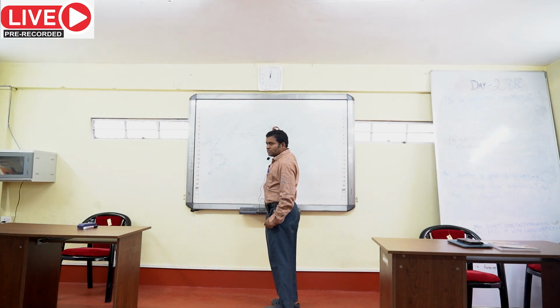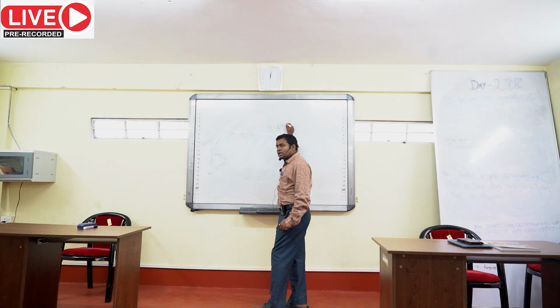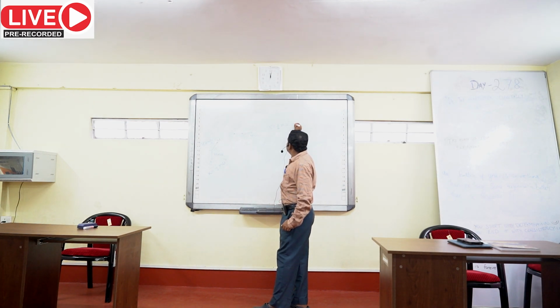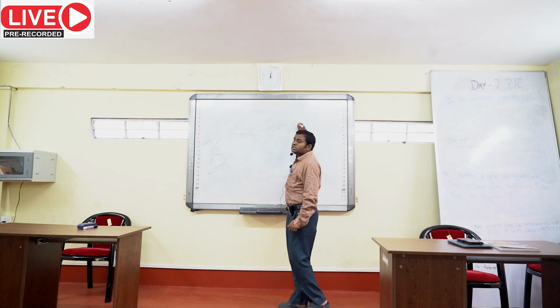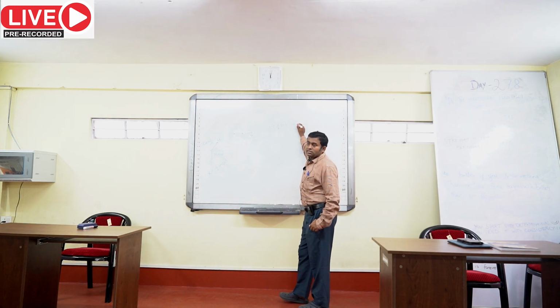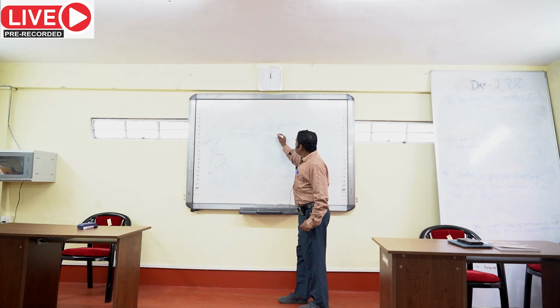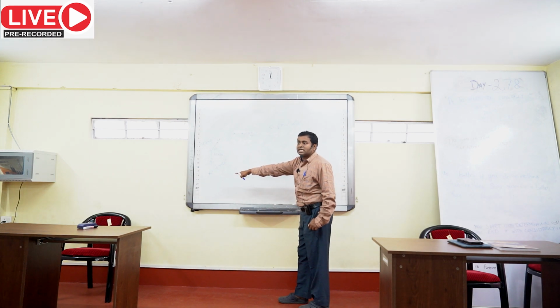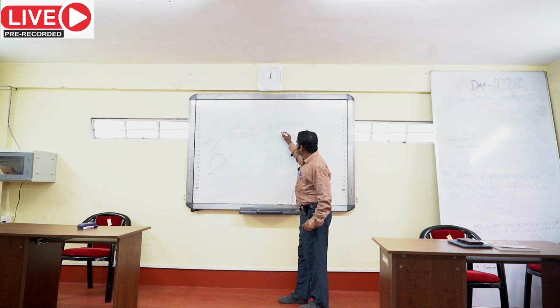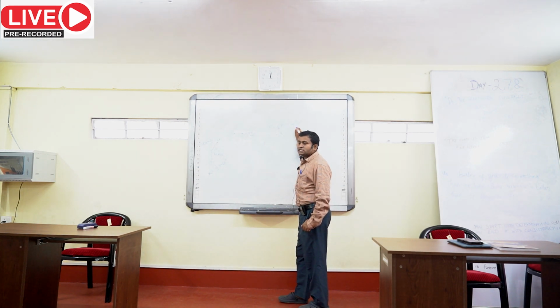Suppose K prime, it will be half m u squared cos squared theta. How much is the value of theta given? 60. Then half m u squared is K, so write K cos squared 60, which means 1 by 4.